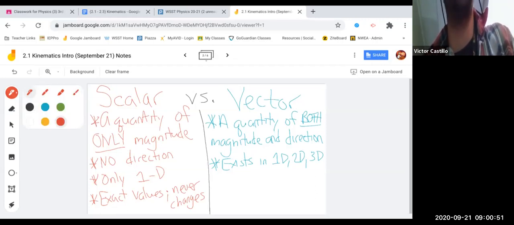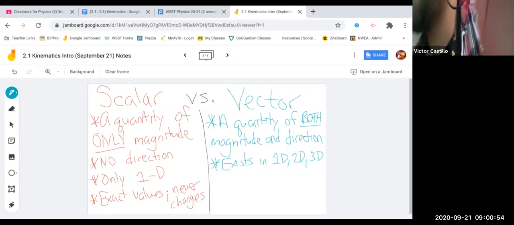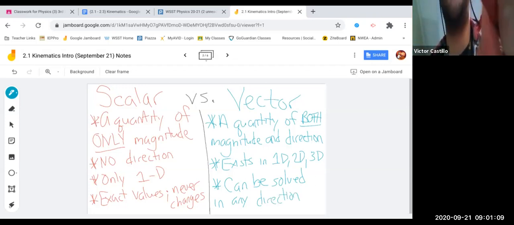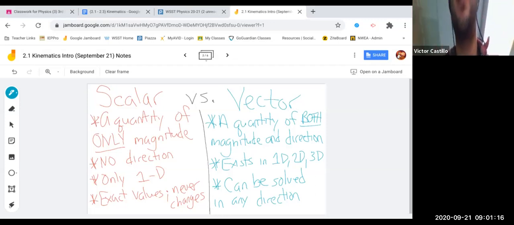As opposed to a vector, which can be solved in any direction. Can be solved in any direction at all. Give a couple more seconds for that.